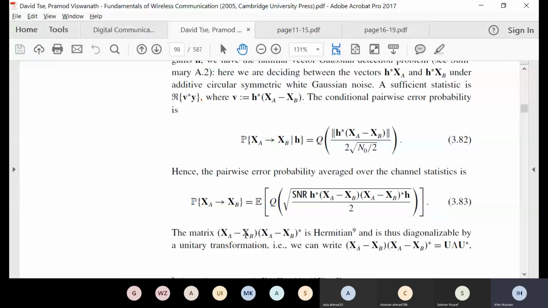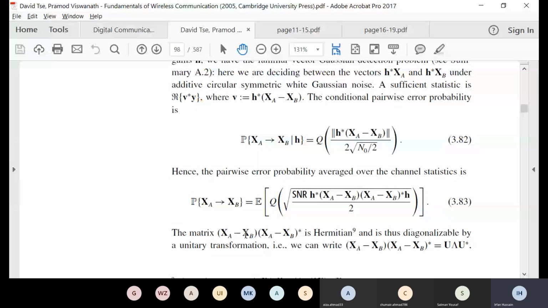Once something is Hermitian, it can be diagonalized by a unitary transform, or you can do its eigen analysis. So I can write this as eigenmatrix, eigenvalues, eigenmatrix. The eigenmatrix contains all the eigenvectors, q1 up till qn, n columns.